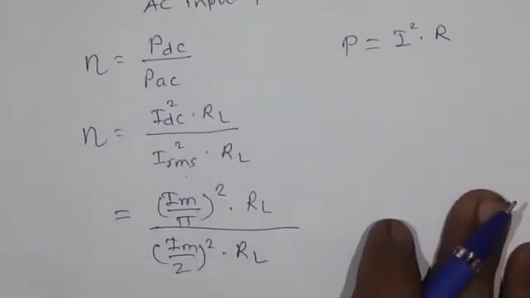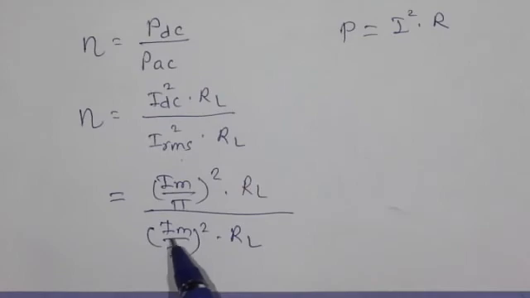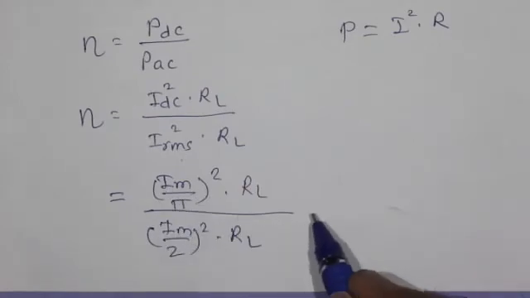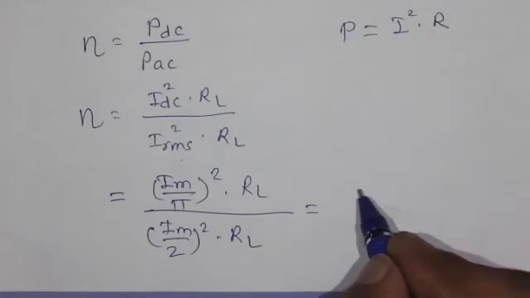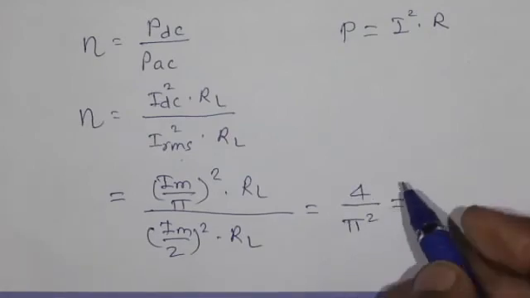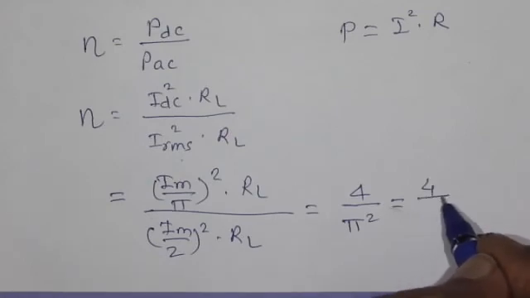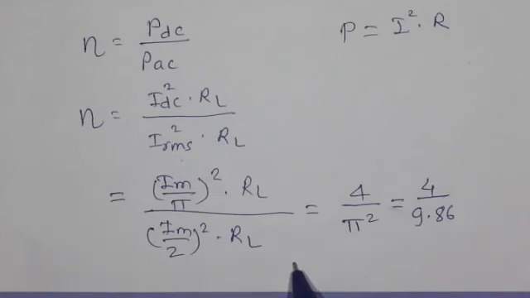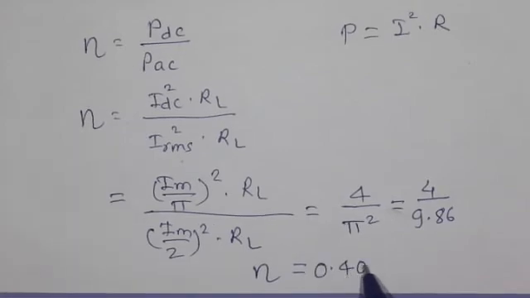By using this, the RL is cancelled and Im square is also cancelled. The remaining term is 4 divided by pi square, which is equal to 4 divided by 9.86, and its value is eta equal to 0.406.